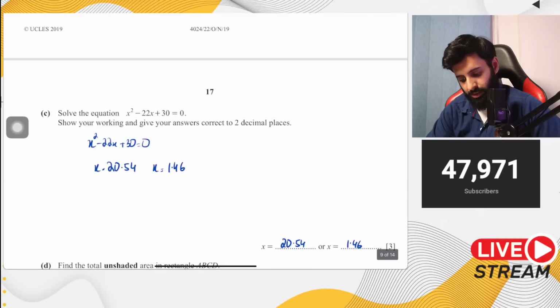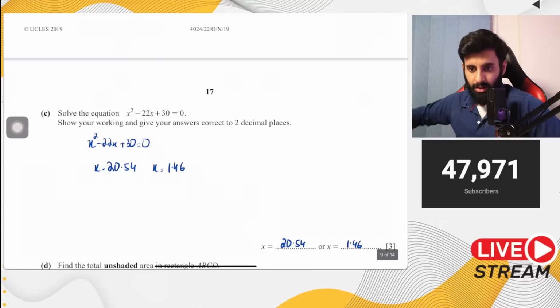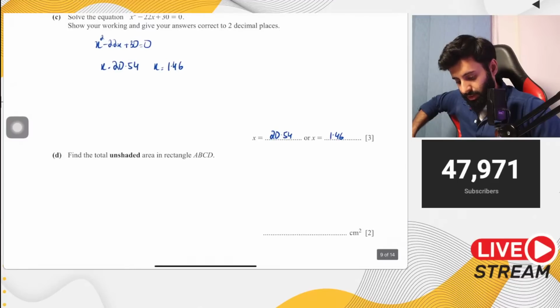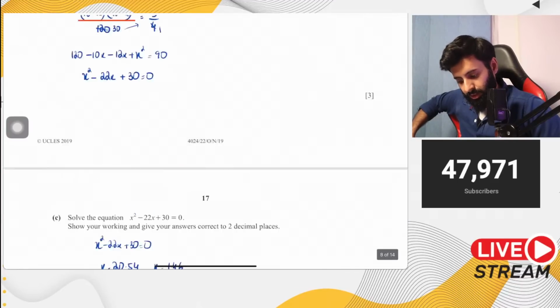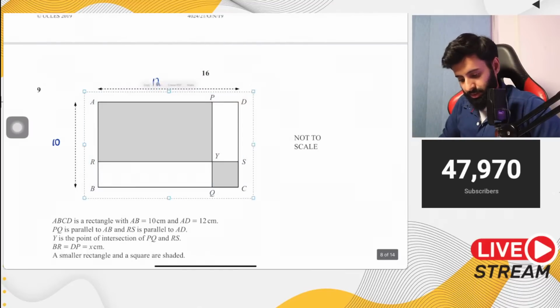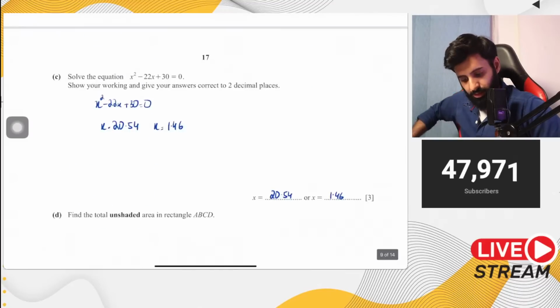Alright. Okay. Then it says find the total unshaded area in rectangle ABCD. Okay. Now there are two ways through which you can find out the total unshaded area. So I'm going to clean this up, take a picture of it and paste it here.